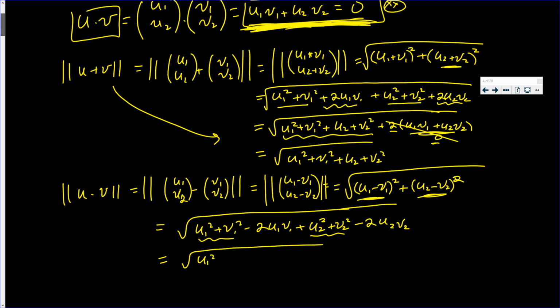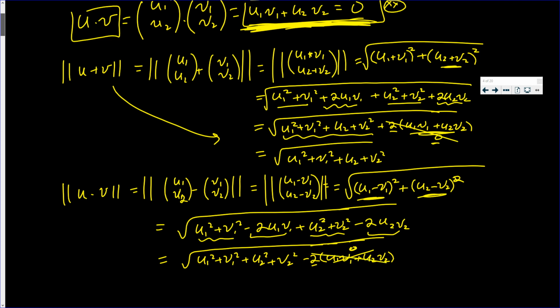Well, I want to add those two first. I get u1 squared plus v1 squared plus u2 squared plus v2 squared. And for those other two, I can factor out a negative 2, and I'll have u1 v1 plus u2 v2. But this is 0, and 2 times 0 is 0.